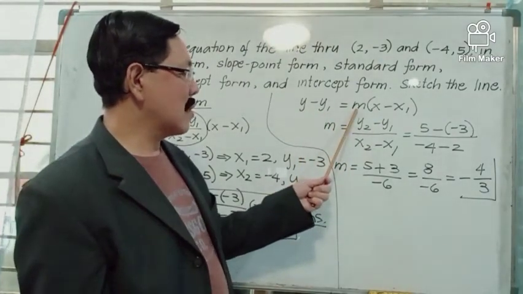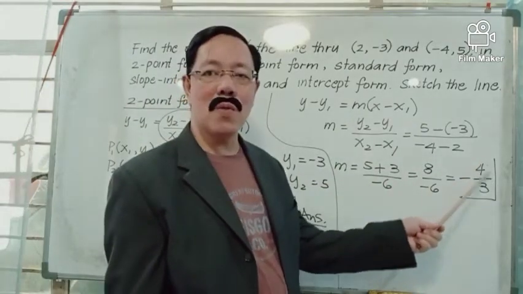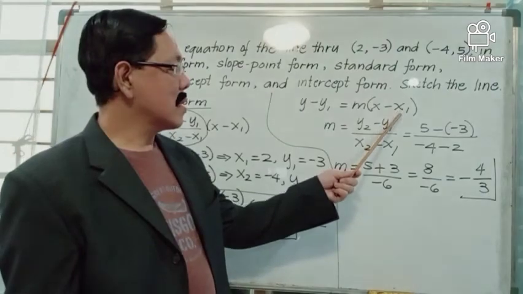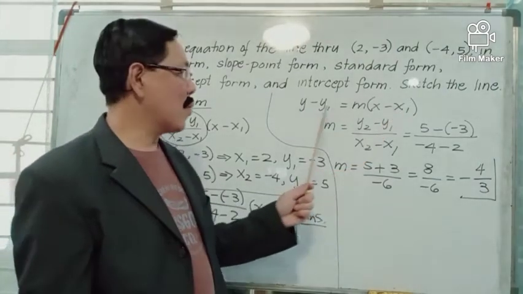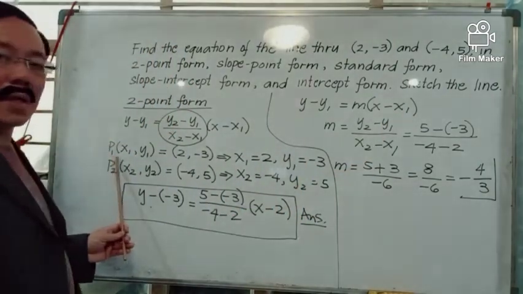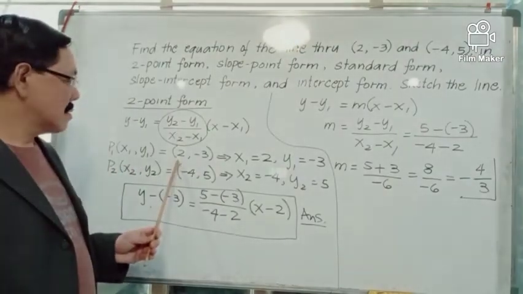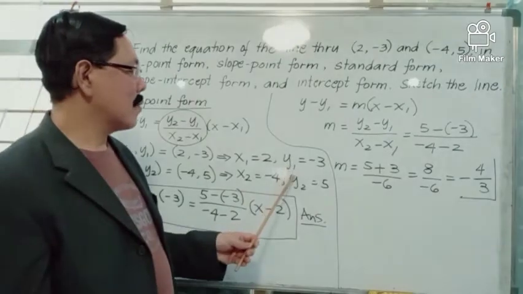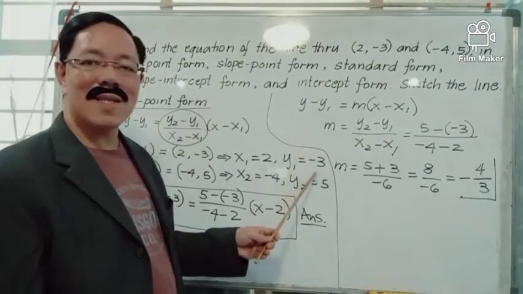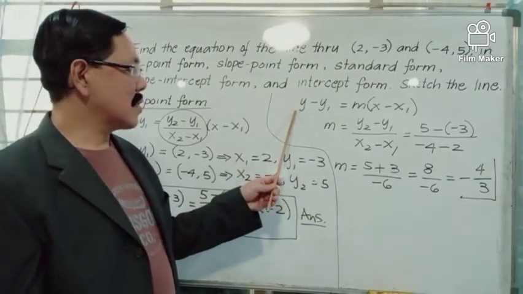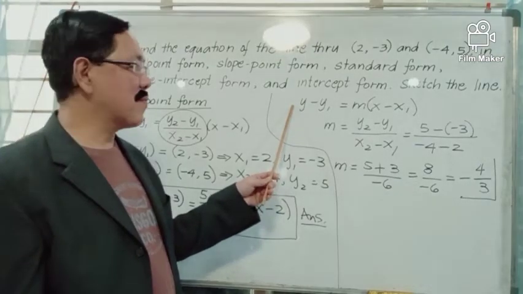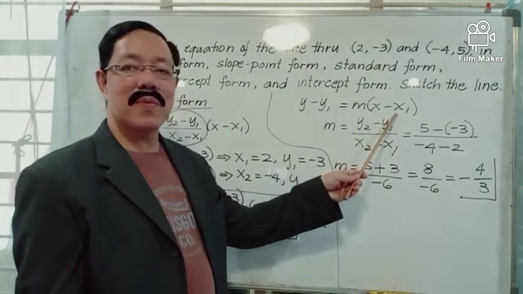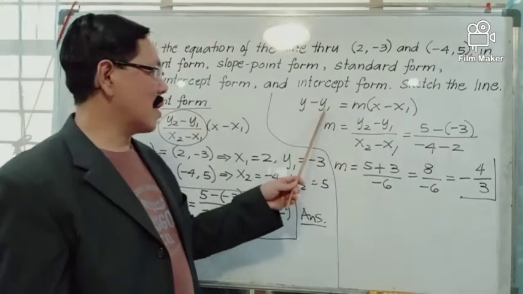We have the slope m, negative 4 over 3, and the point P1, where x1 is 2 and y1 is negative 3. We substitute into the slope-point form the slope m and the coordinates of the first point P1.